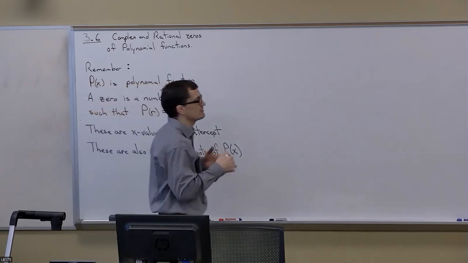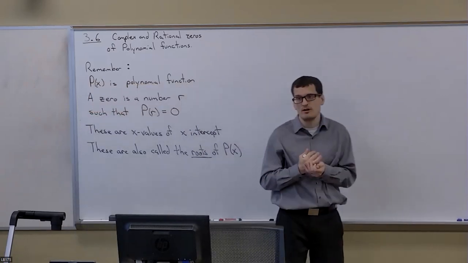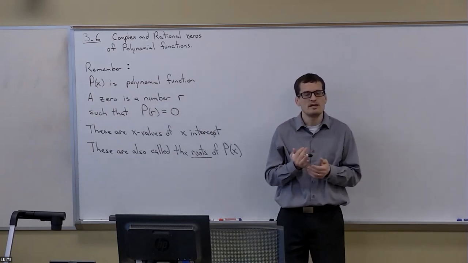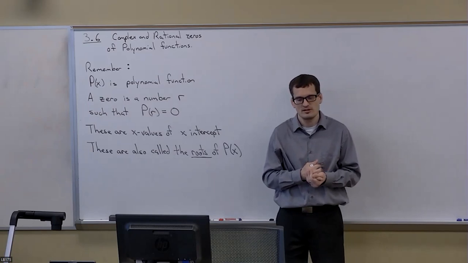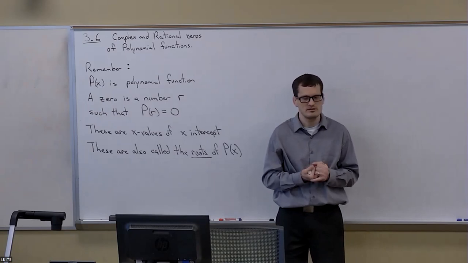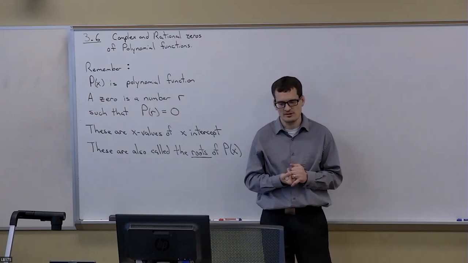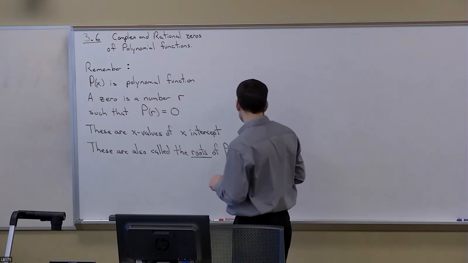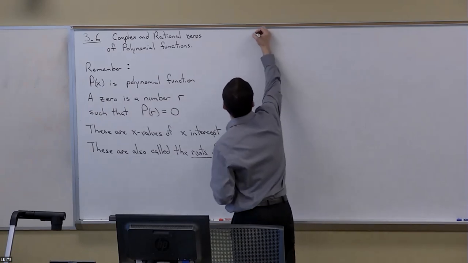Most of 3-6 is how do we find our zeros algebraically? And so we're going to use some tools. The tools we've already dealt with, like I said, solving quadratics, being able to factor, knowing that when you plug in a certain number and get 0, then x minus that number is a factor of the polynomial. So using the factor theorem. Here's another theorem.